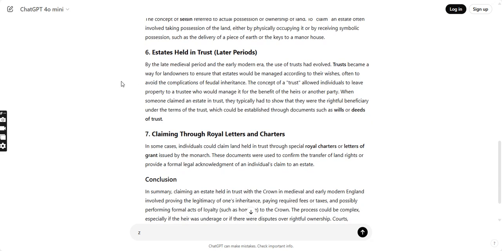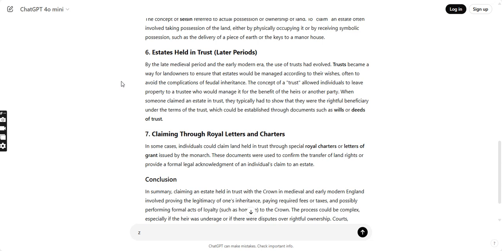By the late medieval period and the early modern era, the use of trusts had evolved. Trusts became a way for landowners to ensure that estates would be managed according to their wishes, often to avoid the complications of feudal inheritance. The concept of a trust allowed individuals to leave property to a trustee who would manage it for the benefit of the heirs or another party.